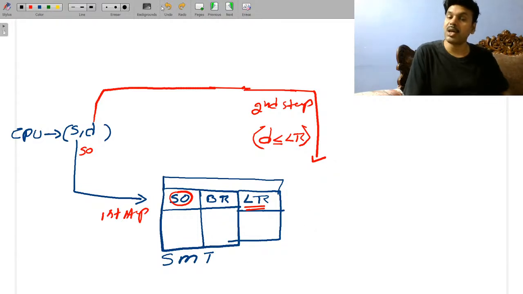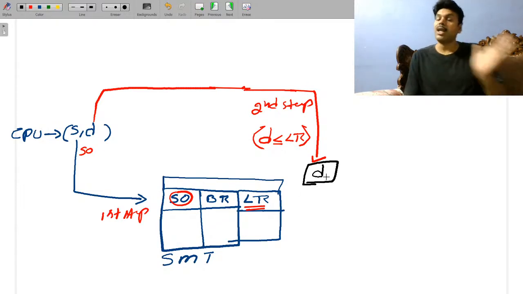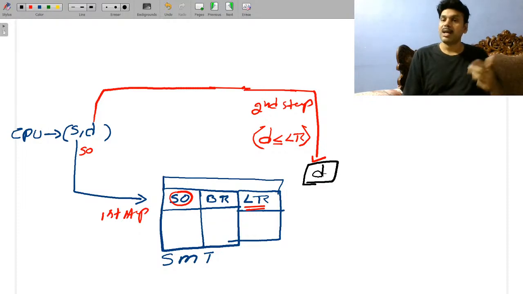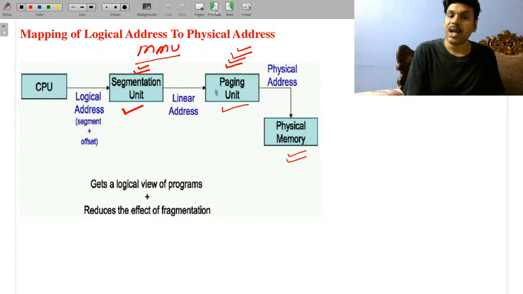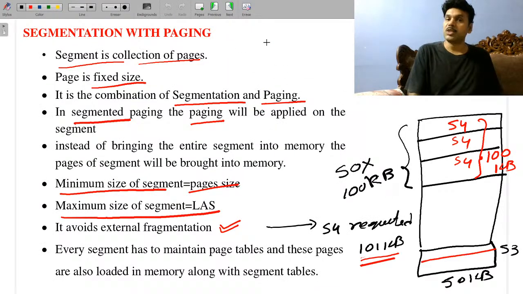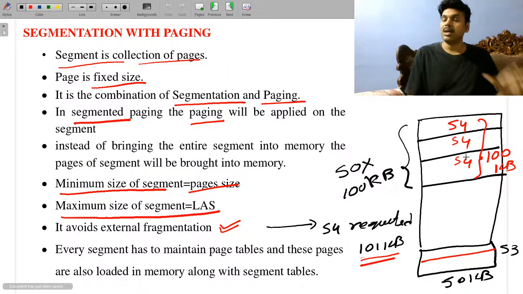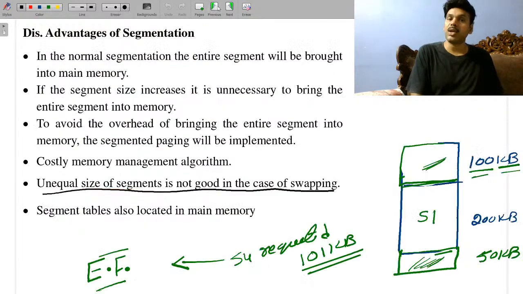Please understand, we are doing paging because this D, whatever you are saying, I am unable to allocate onto your main memory. I already shared this particular example. I am unable to load this particular block because the amount of space is not sufficient. Earlier we saw 101 KB of memory: I want to load 101 KB, but there is 100 KB available and 50 KB available.